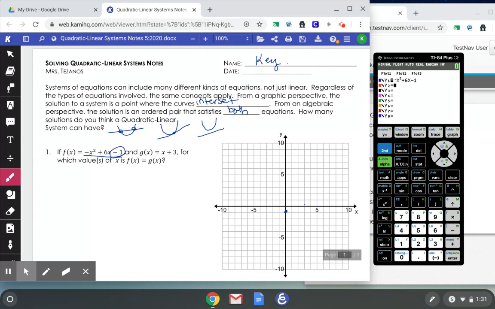And then I also am going to look for my axis of symmetry. That axis of symmetry, remember, is x equals -b over 2a. So I'm going to think -6 over 2 times 1. So my axis of symmetry is going to be x equals +3.